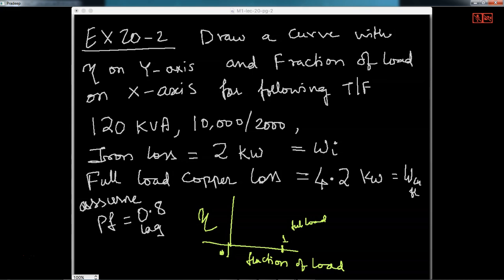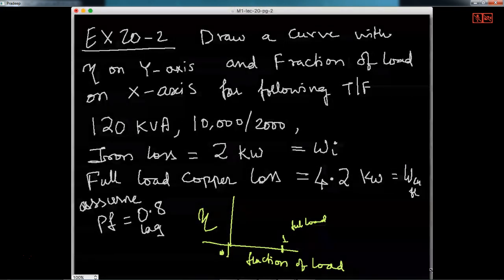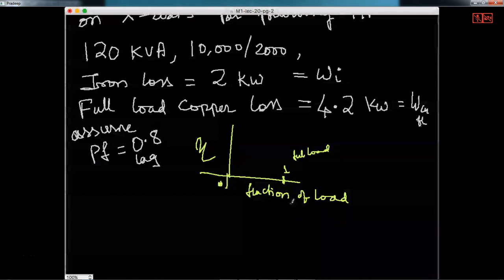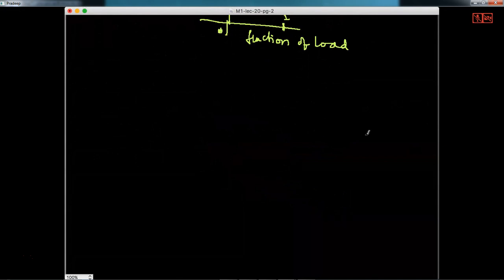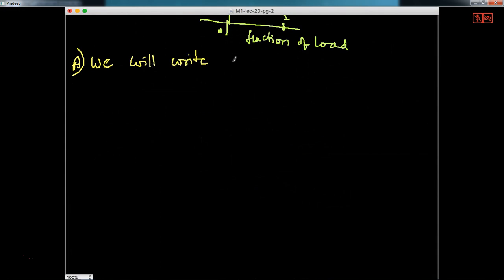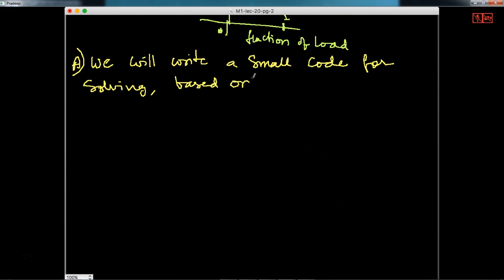So let's come to the solution of this particular problem. So obviously, we'll try to solve it by writing a small code based on the following equations.